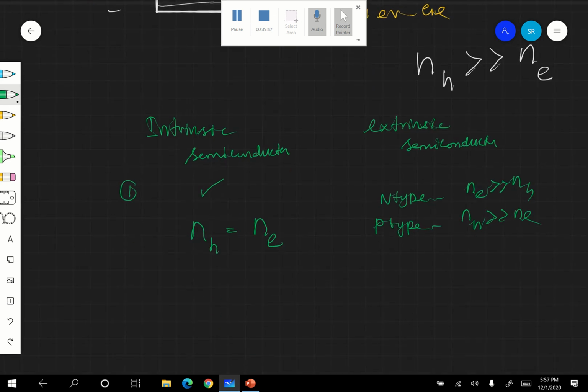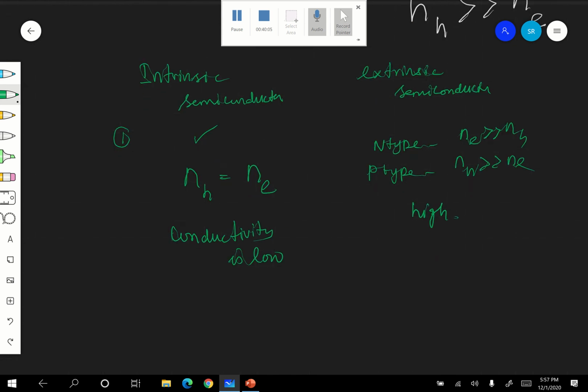Number 3. Its electrical conductivity is very low in intrinsic. But here, the conductivity is high. Then next one. I'm not writing anything, you have to write.